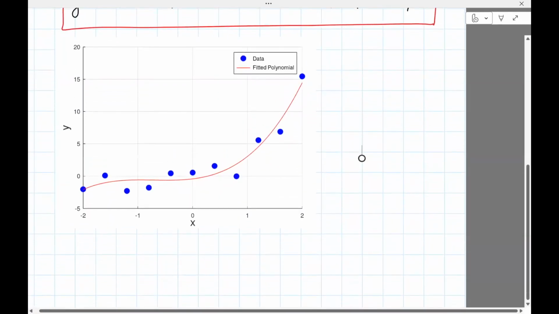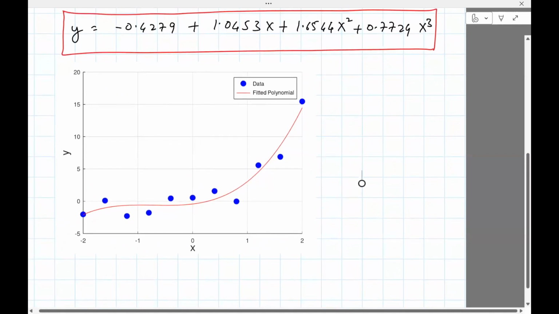The data is in blue, and then the fitted line is in red, and you can see that it sort of explains the trend in the data.